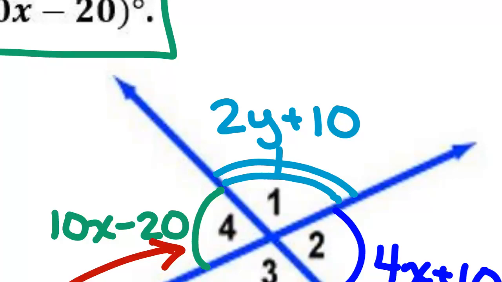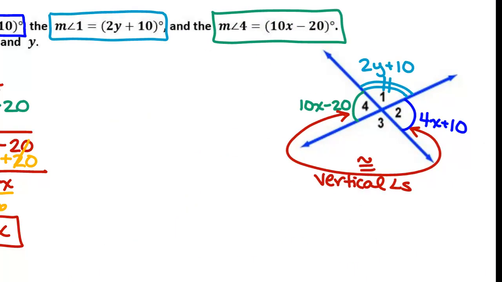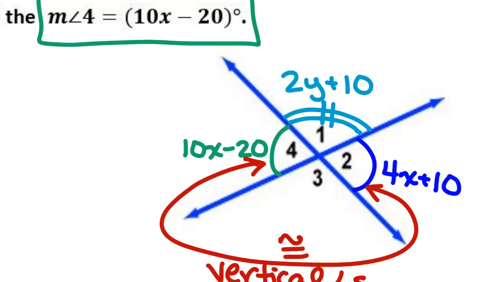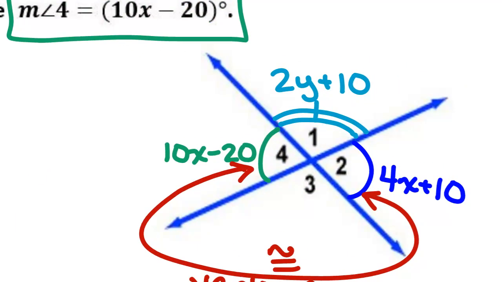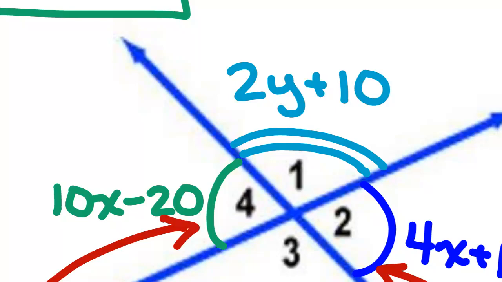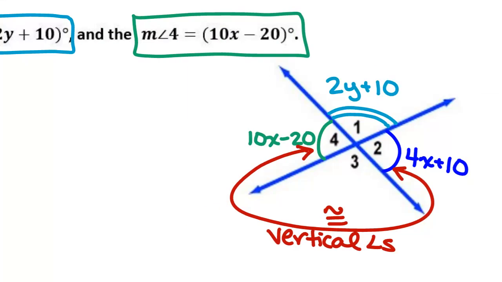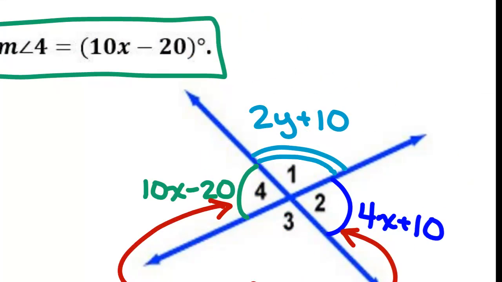Is angle 1 congruent to those two angles? Is angle 1 congruent to angles 2 and 4? No. But I still have to come up with some kind of a relationship here.